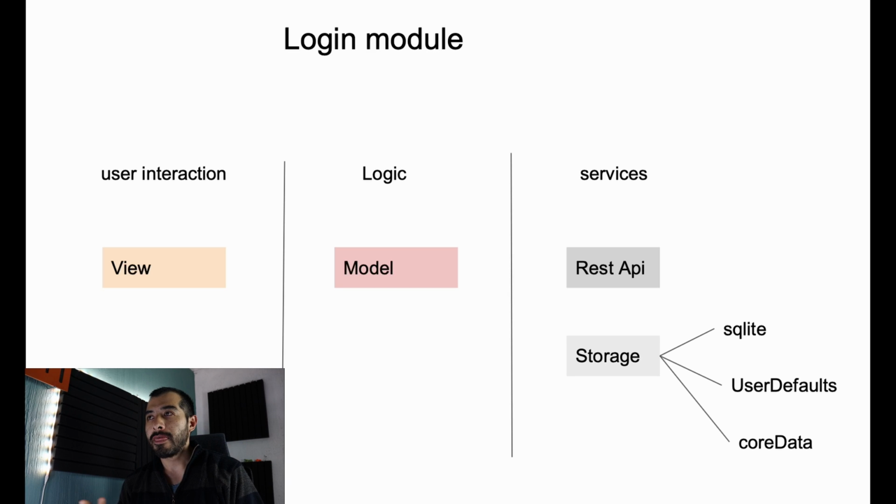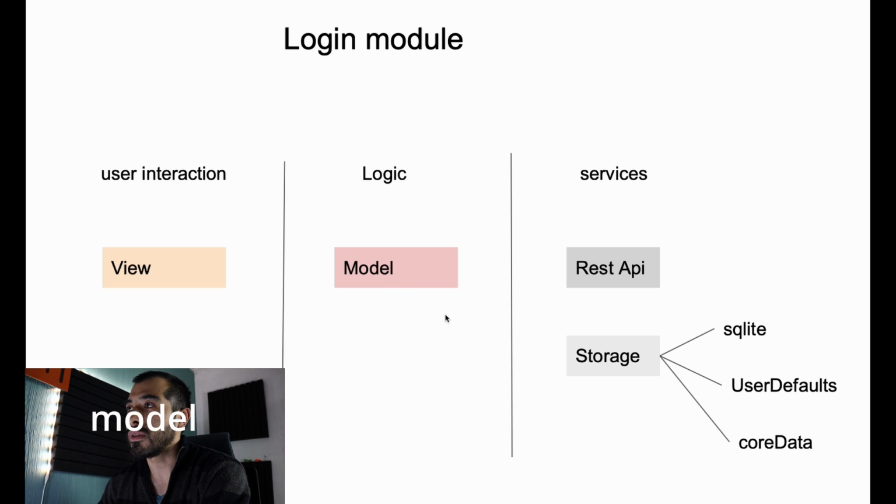Okay guys, this is the diagram that I created to show you how I organized my app. As you can see here, I have 3 layers. The first one is the user interaction layer, which consists of a view. The user is gonna use the view to interact with my app, and the view communicates with my module.